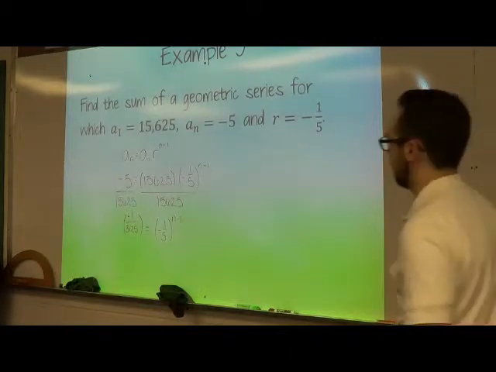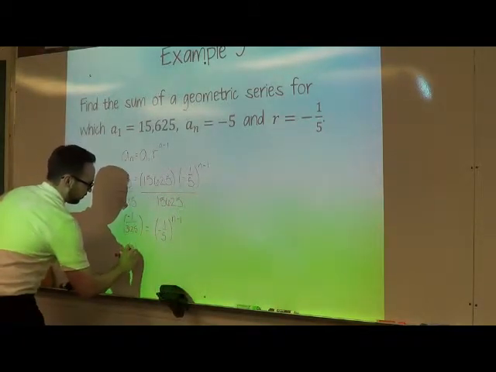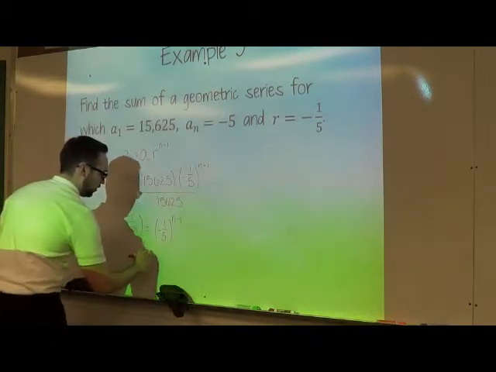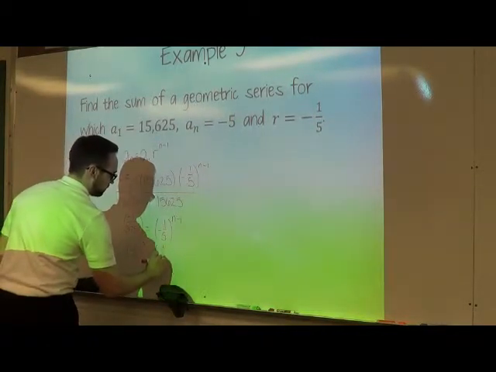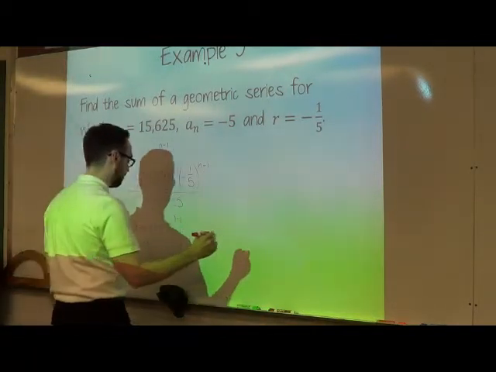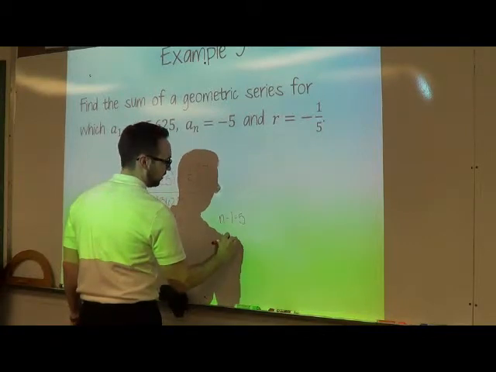So it's 5, so we can say this is going to be negative 1, to the 5th power. So then we know, from our exponent rules from a couple of chapters ago, that n minus 1 is equal to 5, so that n is equal to 6.